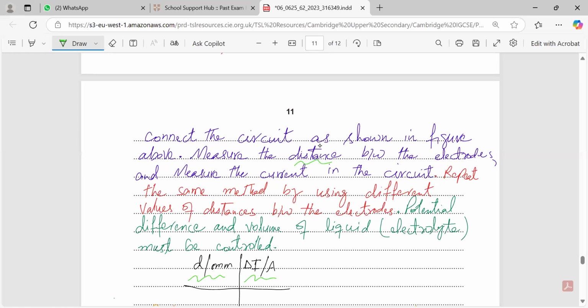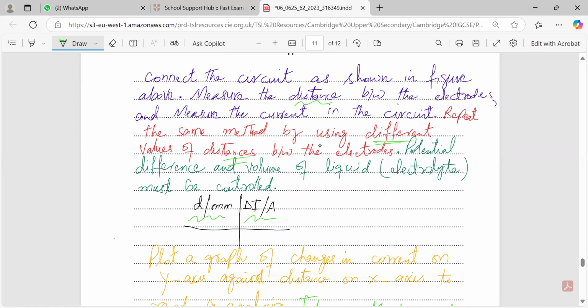And when we are repeating, repeat the same method by using different values of distances between the electrodes. So these things are important: always recognize first which is the independent variable and which is the dependent variable. My dear friends, any question on this, please feel free to ask me.